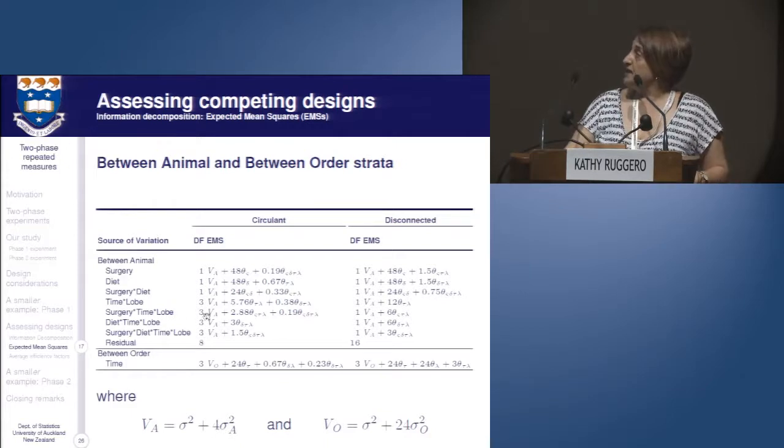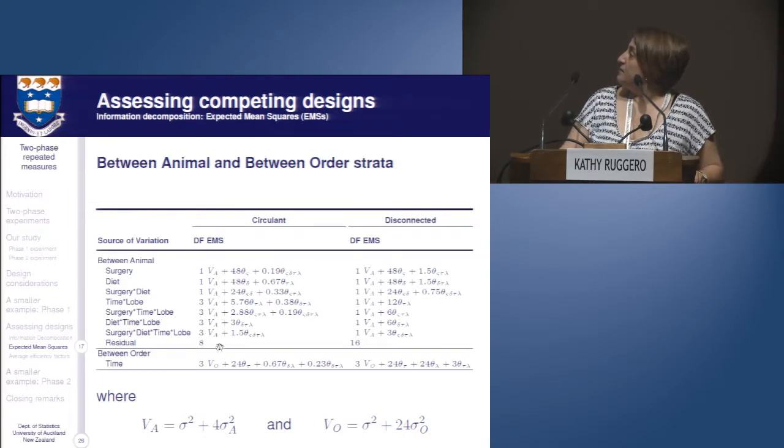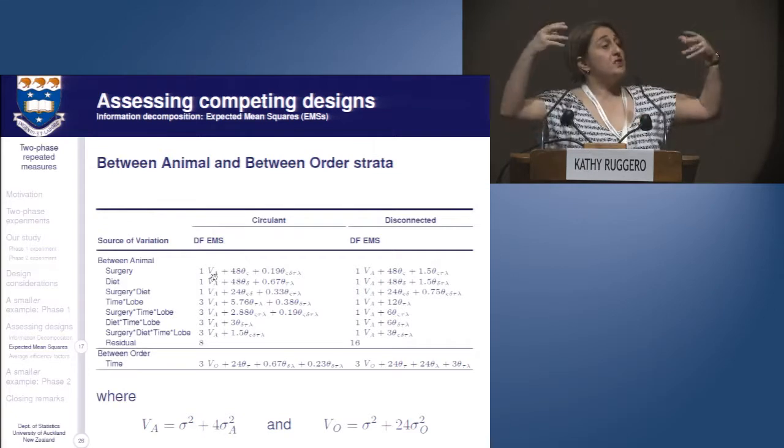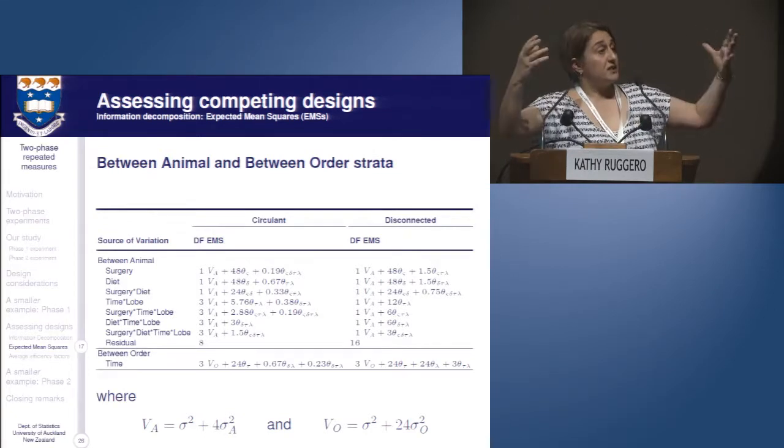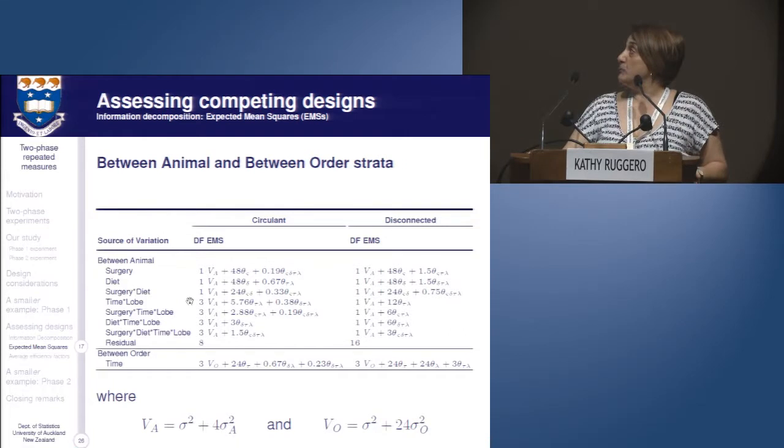And so what we see is that we get this really nice property, and I seem to have left my variance off here, but we get this nice property where the part of the expected mean square that's related to the random effects of our variance components is the same all the way through.